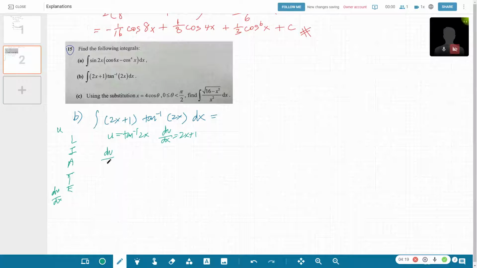So from here, we get our du dx equals to 1 over 1 plus 4x squared, then differentiate the 2x to get 2. So it's 2 over 1 plus 4x squared. That's for du dx. And v, we can integrate this to get x squared plus x.